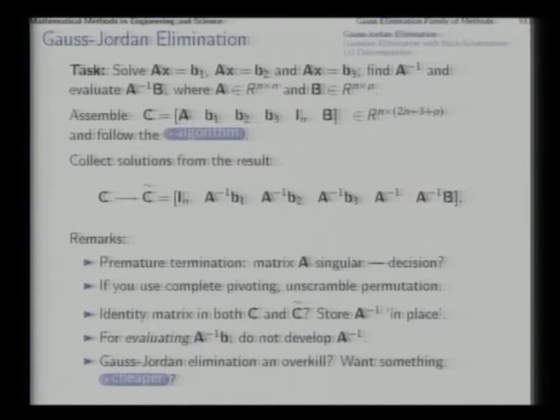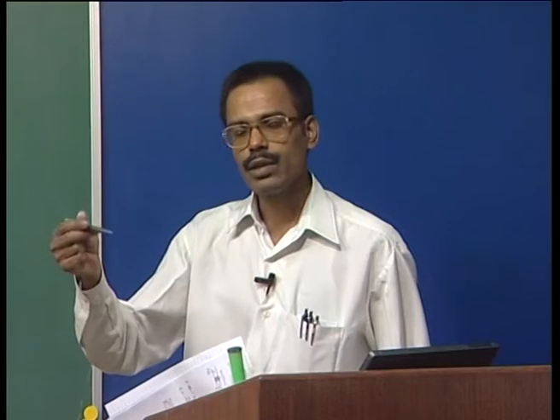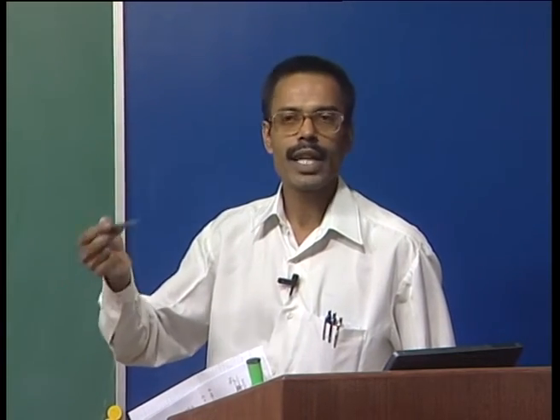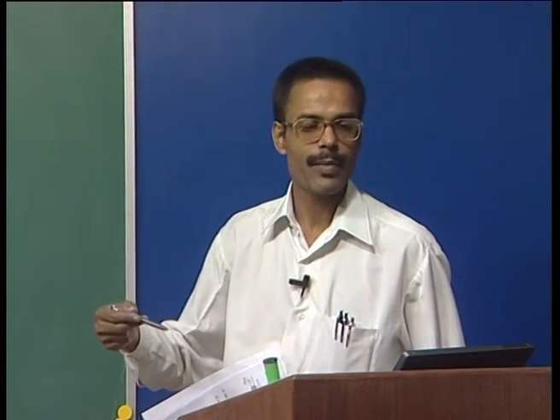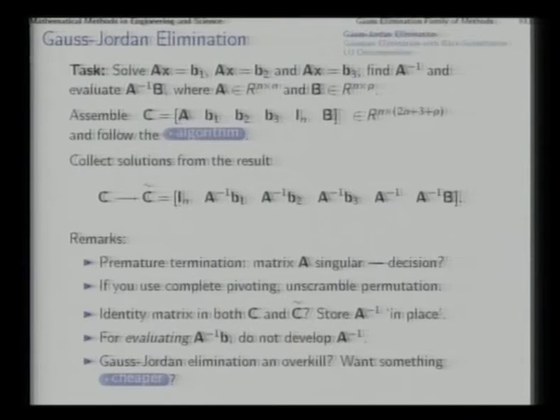If you want to conduct complete pivoting, then for every column interchange the variables will get scrambled, and that means you need to store that permutation, and then later after the solution you need to unscramble that permutation of the x's, x1, x2, x3, etc. In our opinion, that is not really necessary in most of the applications. You can carry through with the partial pivoting based algorithm as outlined here.